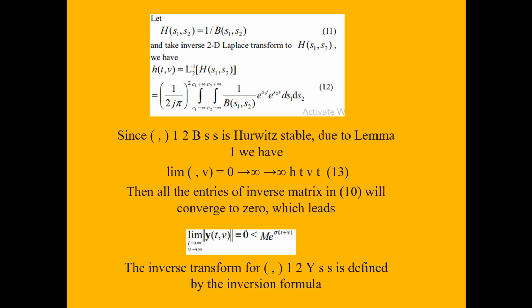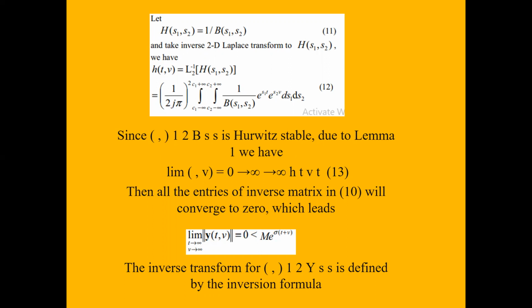Since equation 12 is Hurwitz stable due to the lemma, we have the limit of h of t comma v equal to 0 as t and v approach infinity. Then all the entries of the inverse matrix in equation 10 will converge to 0, which leads to the limit of y of t comma v, with t approaching infinity and v approaching infinity, equal to 0, which is less than M e to the power sigma (t plus v).